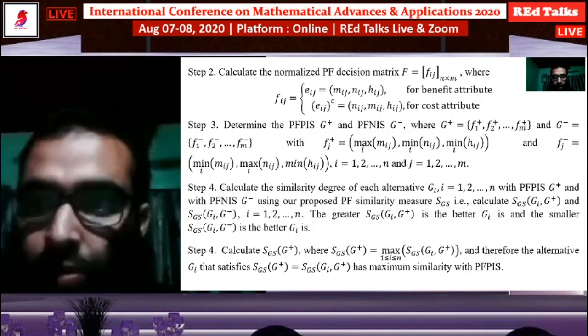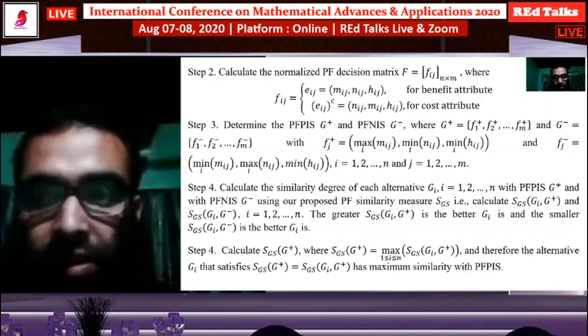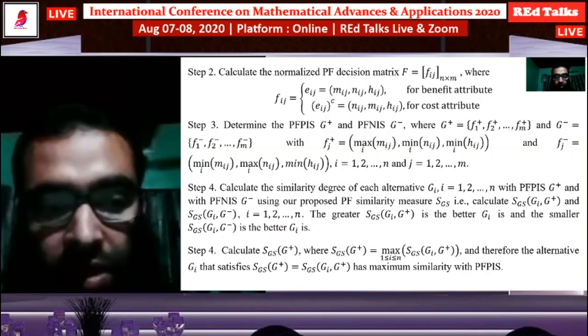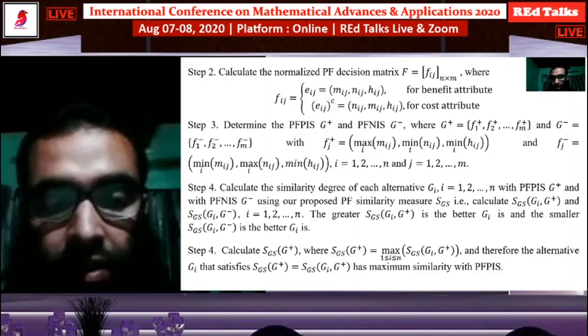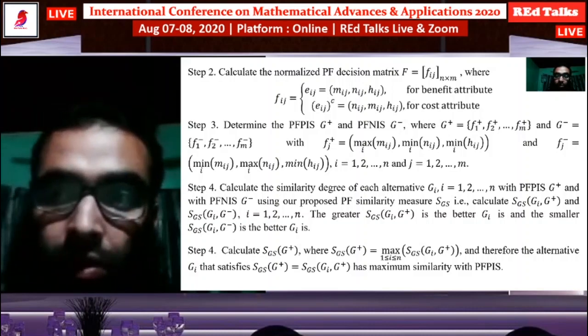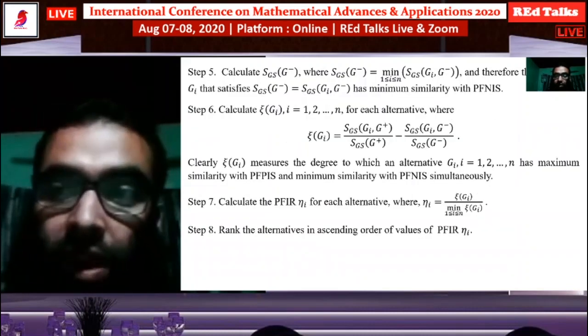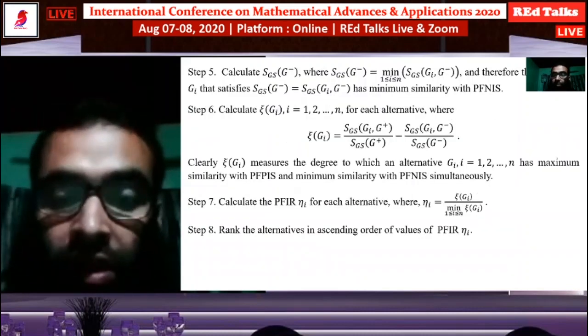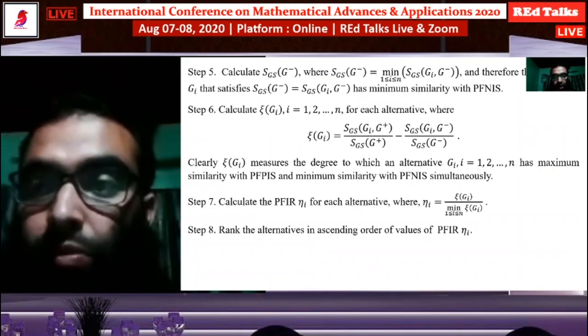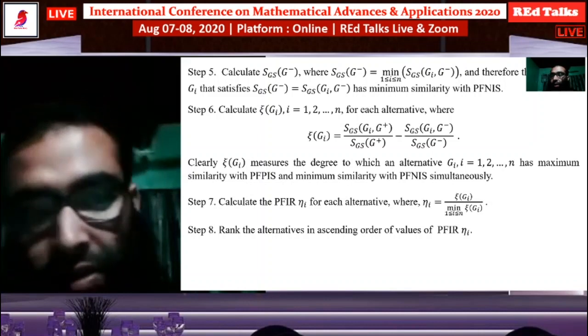This means that up to step 4, the methods are the same. But in step 5, we calculate the maximum similarity. That means we find the alternative which has maximum similarity with the positive ideal solution, and next we find the alternative which has minimum similarity with the negative ideal solution.